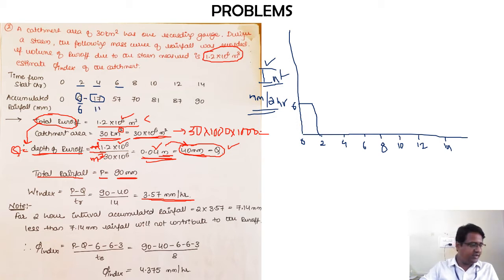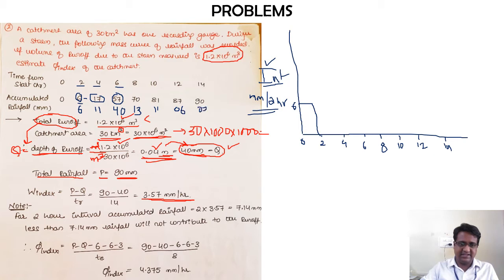So from the second hour to the fourth hour, my rainfall is 11 millimeters per 2 hours. Similarly for the 4th to 6th hour it is 57 minus 17, that is 40 millimeters per 2 hours. Then 13, next 11, then 6, and lastly 3.